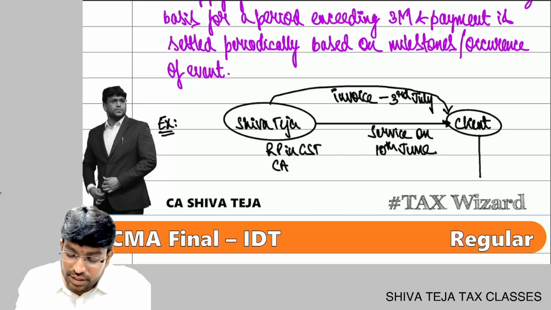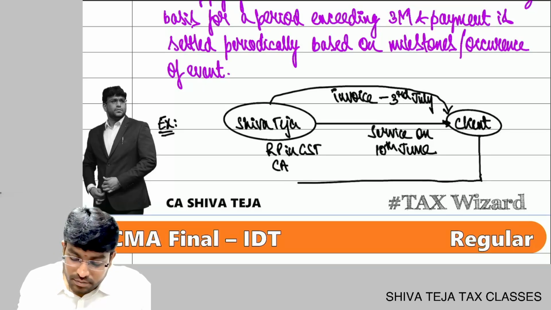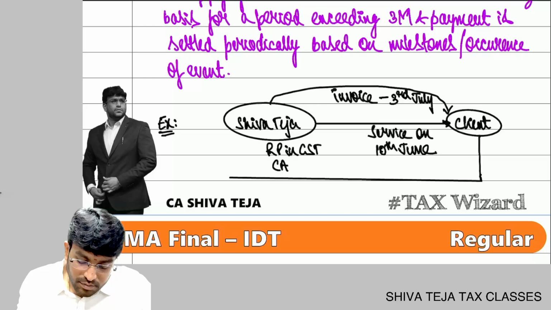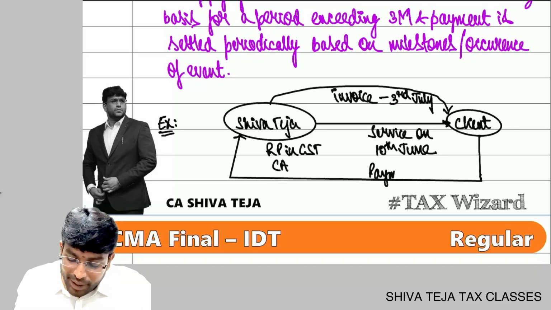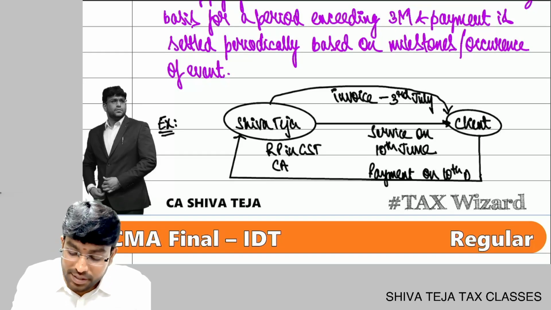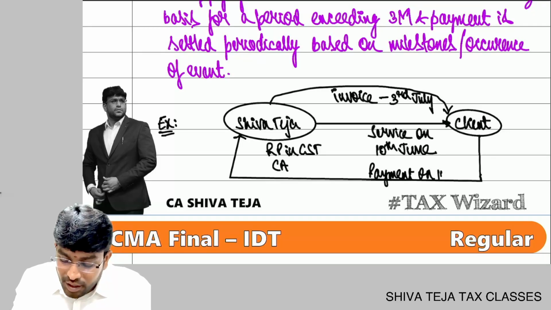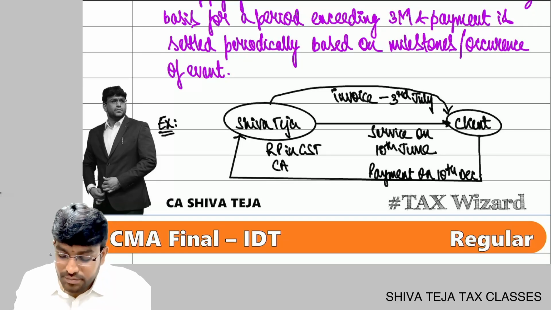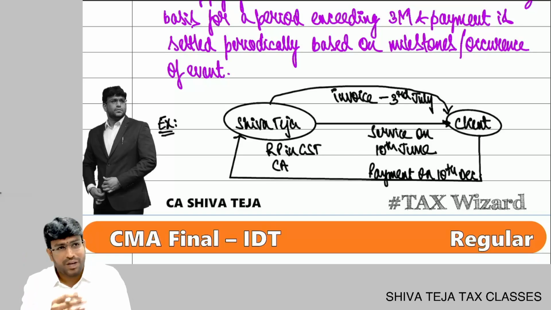And the client, this crazy fellow, made me payment on 10th December. Tell me one thing. When did I give service to him? June. When did I give invoice? July. When payment I got?